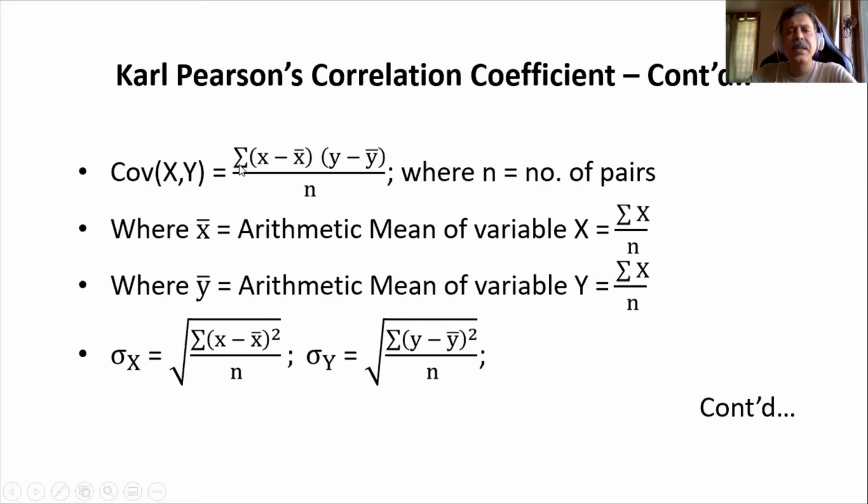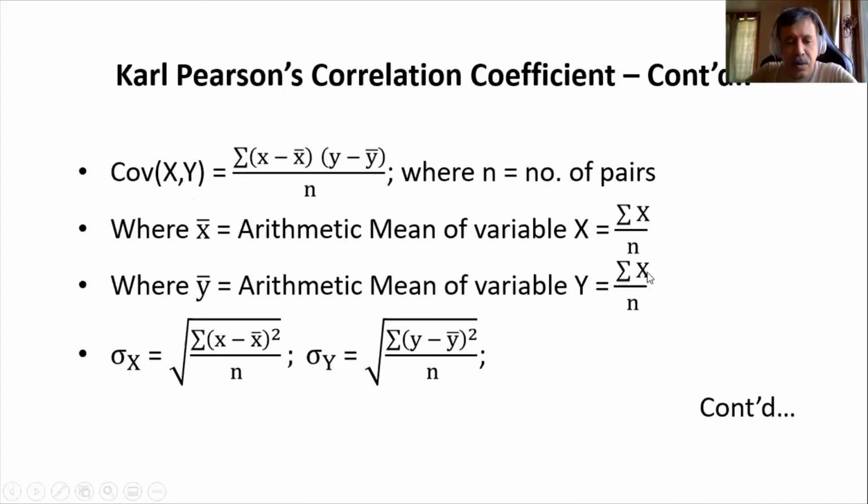So what is covariance? It is nothing but summation x minus x bar multiplied by y minus y bar, the whole thing divided by n, where n is the number of pairs of data. X bar, of course, is arithmetic mean of variable x, which is nothing but summation of x by n. Y bar is arithmetic mean of variable y, which is summation of y by n.